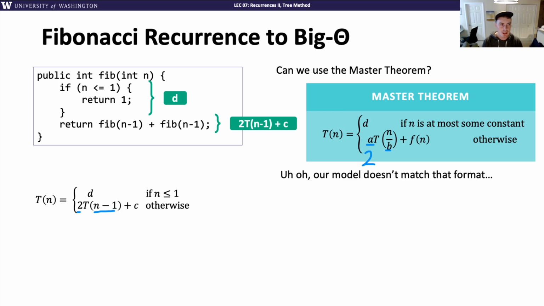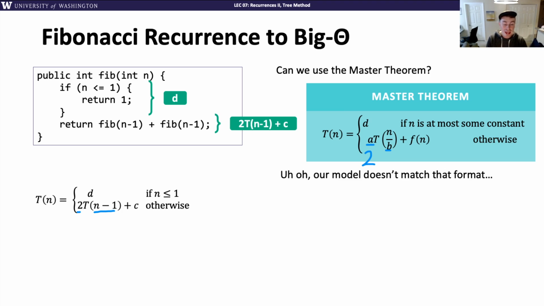I mentioned in class on Monday that master theorem is, again, not so humbly named. It's the master theorem, but in reality, it's actually fairly limited. It really only works on recurrences of this exact format. If it deviates at all, like how we're doing subtraction instead of division inside that function argument, it's just not going to apply anymore.